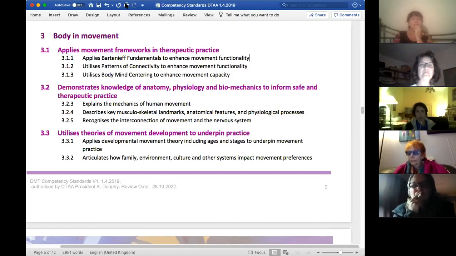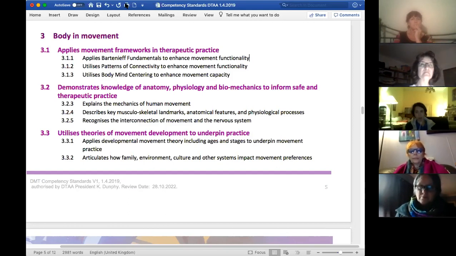So this might cover a movement framework that came out of African practice or Asian practice or indigenous practice, so that it's not excluded, but would be incorporated.